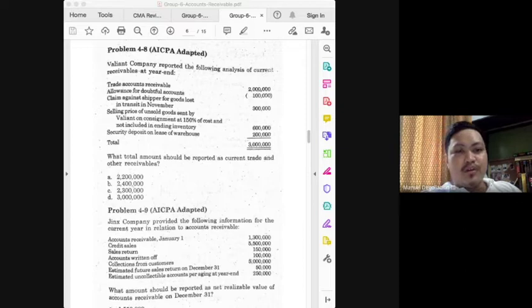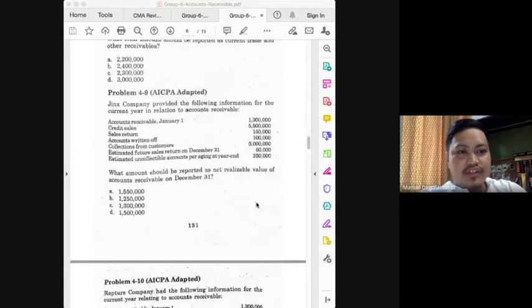So therefore, the 200,000 will not be part of our current trade and other receivables. It will only be composed of our trade accounts receivable and claims receivable from the lost shipment, but we will have to deduct the allowance for doubtful accounts in the amount of 100,000. So therefore, our answer would be A, 2,200,000.